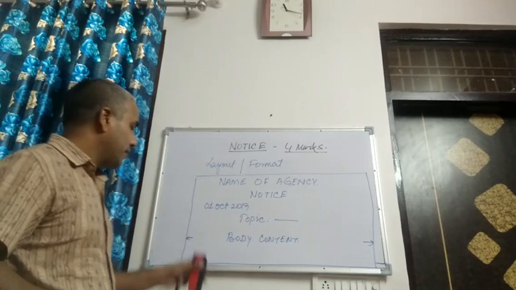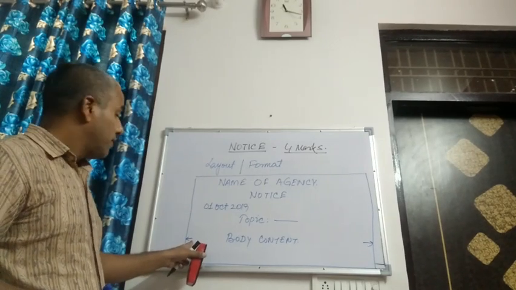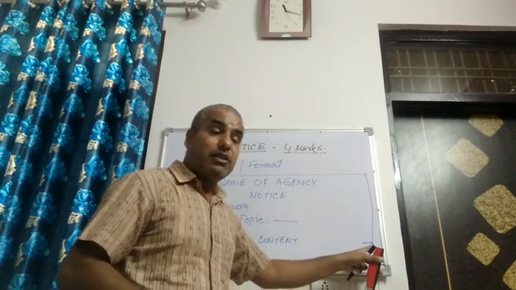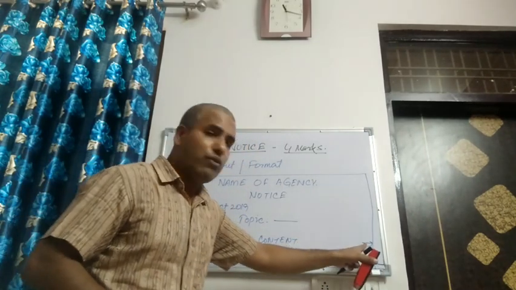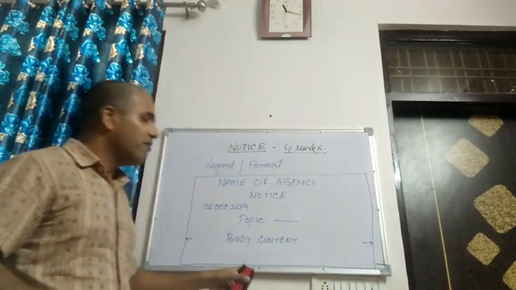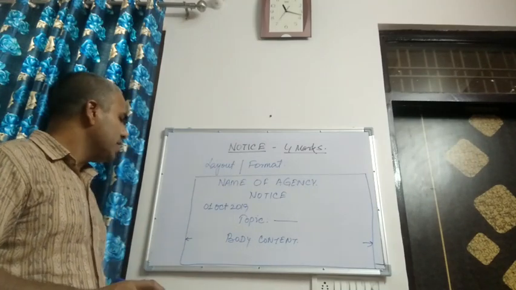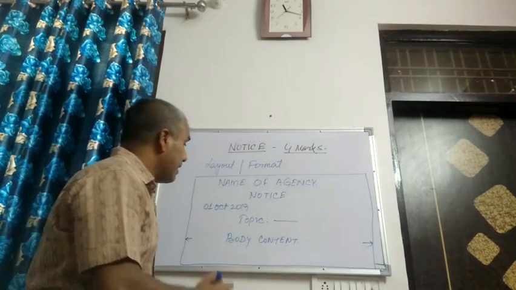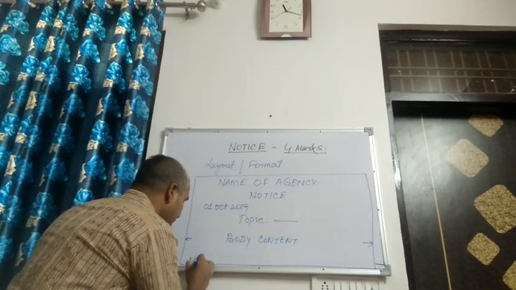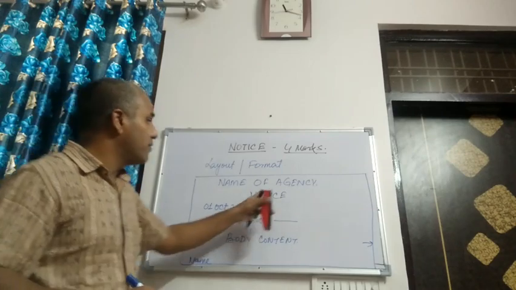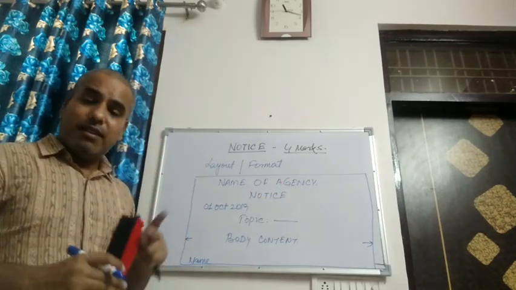Body content. You will start from the left sharp and you will end at the right sharp. Means you will use the full line. Then where it comes to an end, leave it there. And finally you will write, on the left, the name of the person who is issuing the notice on behalf of this agency.